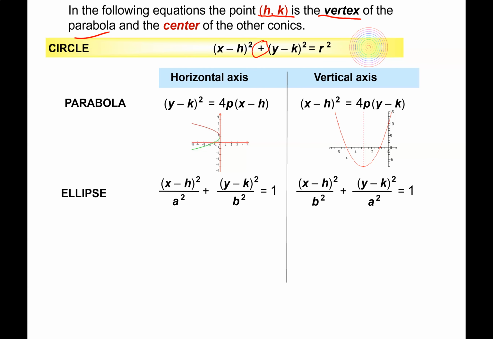Then we have our ellipse, which we've also seen. Things to remember about the ellipse: you might want to highlight or circle the addition sign there. And another thing you want to make note of is that when it's in this format, your a squared is bigger than b squared. So the a squared number is always going to be the bigger one.